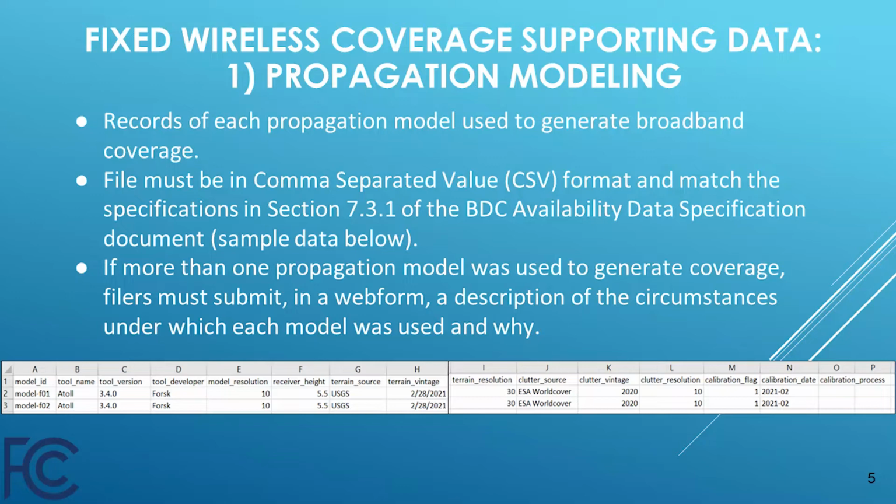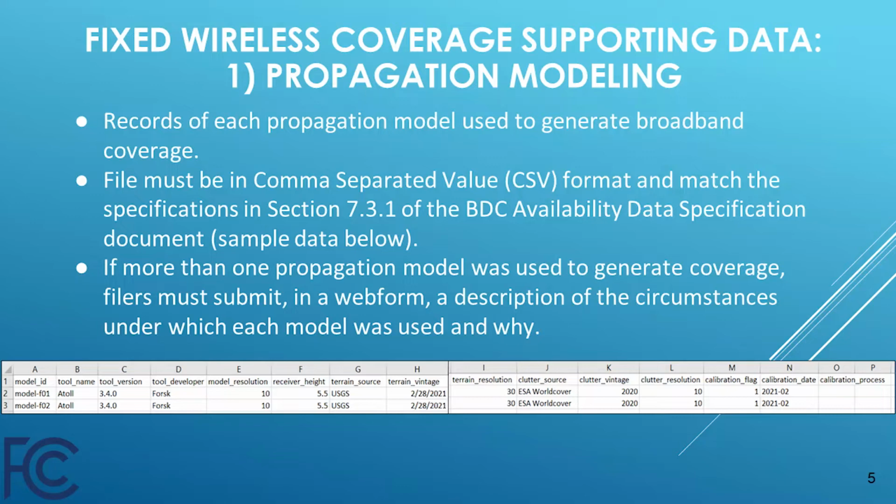We wanted to highlight some information about some of the fields included in the propagation model table. The model ID is a unique identifier that the filer assigns to each propagation model used to generate coverage. The model resolution is the resolution of the model used to generate the coverage data in meters.